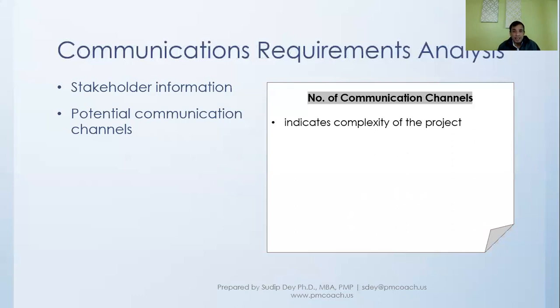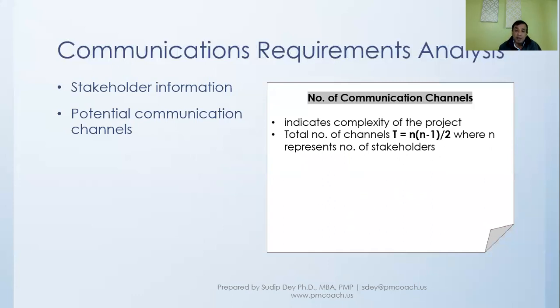The total number of communication channels is n times (n minus 1) divided by 2, where n represents the number of stakeholders.